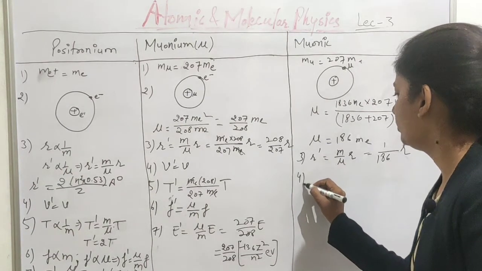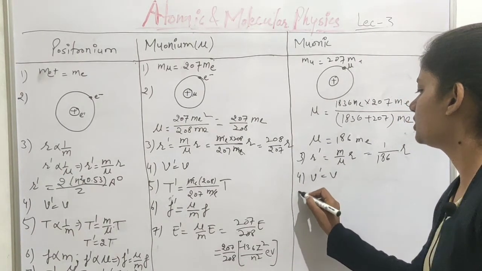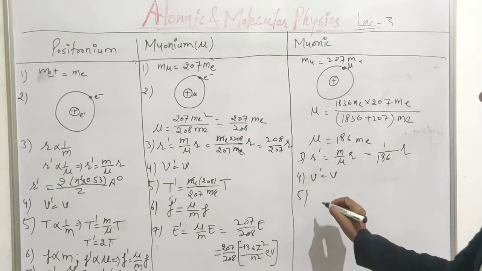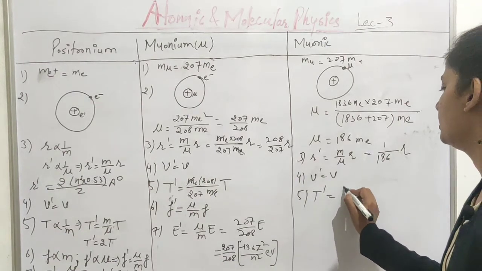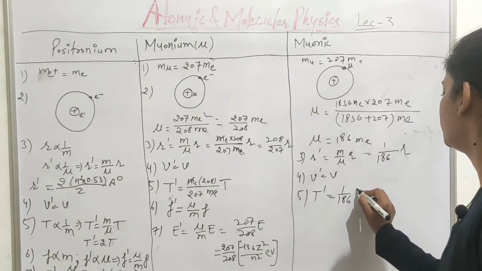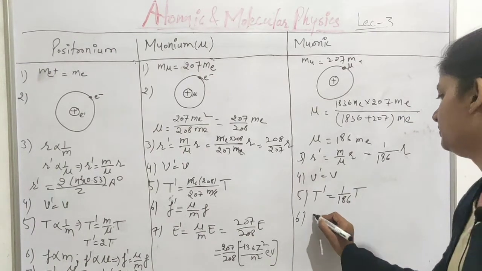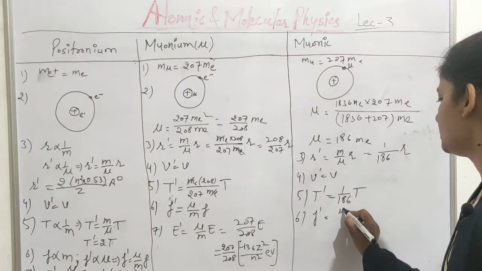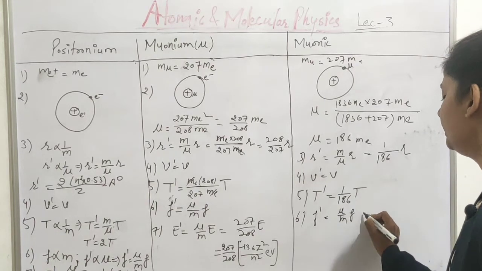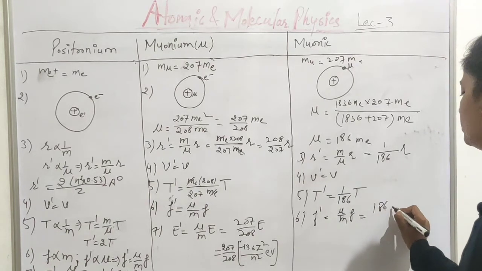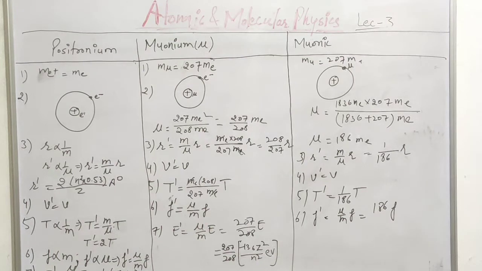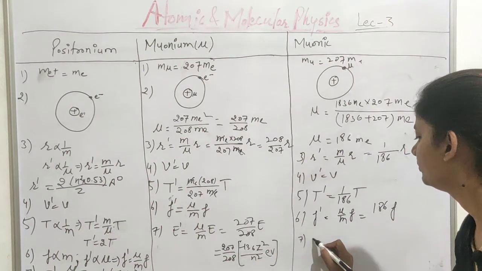Next we will see effect on velocity. There is no effect on velocity. Effect on time period. Time period and radius are in a similar manner dependency. Next we will see dependency on frequency. So frequency is mu over m into its original value. So this comes out to be 186 times the original frequency, and the value of energy.